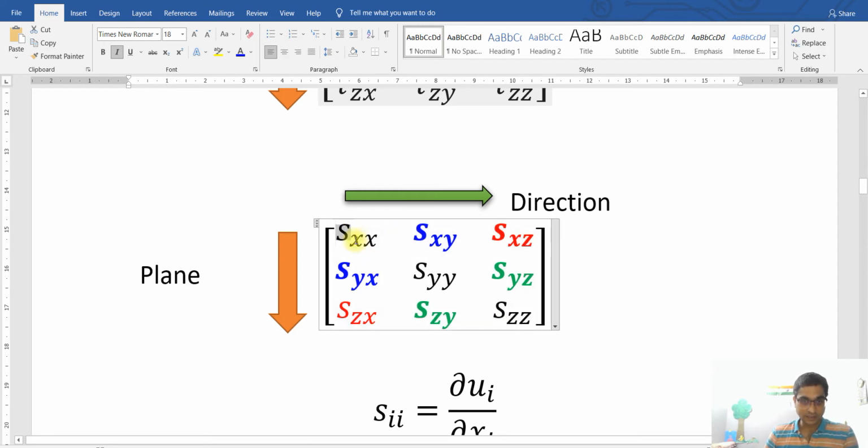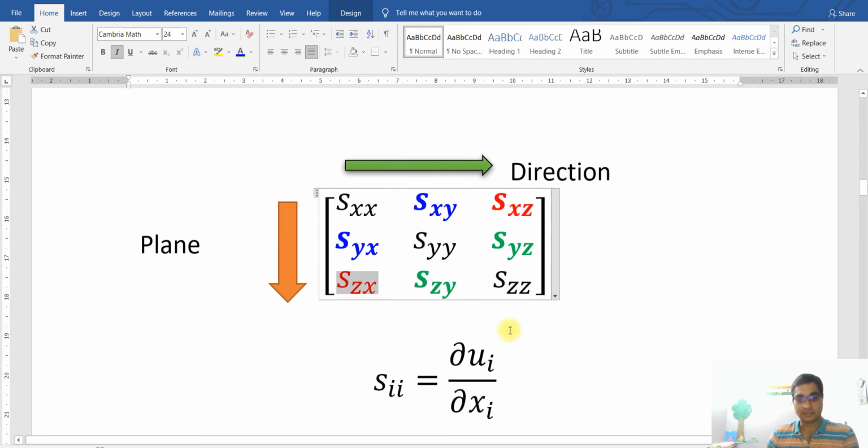These are the linear components of the strain, and these are the shear components of the strain: shear deformation and linear deformation. This is called linear deformation. When the direction and plane are the same, this is called linear deformation.